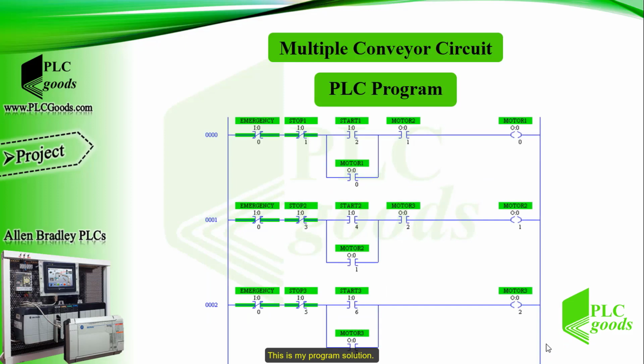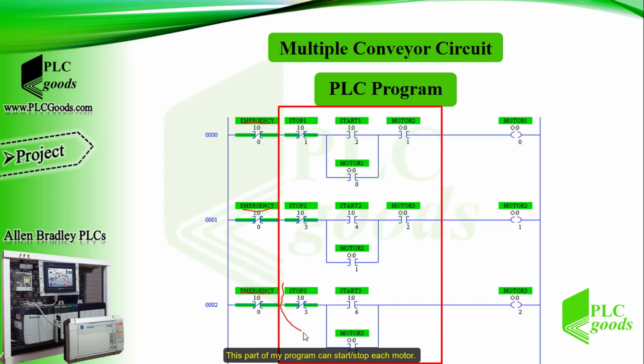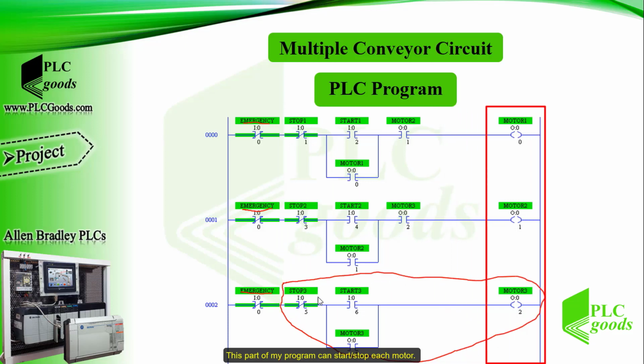This is my solution. Obviously, I used the emergency input to stop the conveyors at the beginning of each line. This part of my program can start or stop each motor.